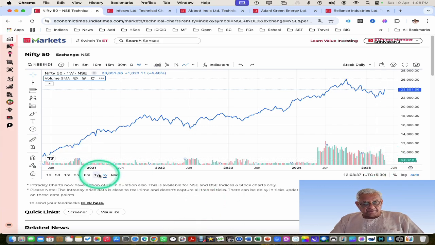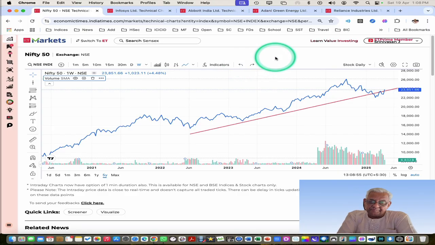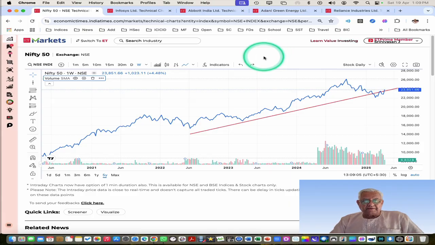Remember, this is a 5-year chart and it is a weekly chart, so it gives you the overall trend in the market, the market sentiment. The market sentiment is represented by this red line, which is approximately a 45 degree slant, which means the growth is at 45%.